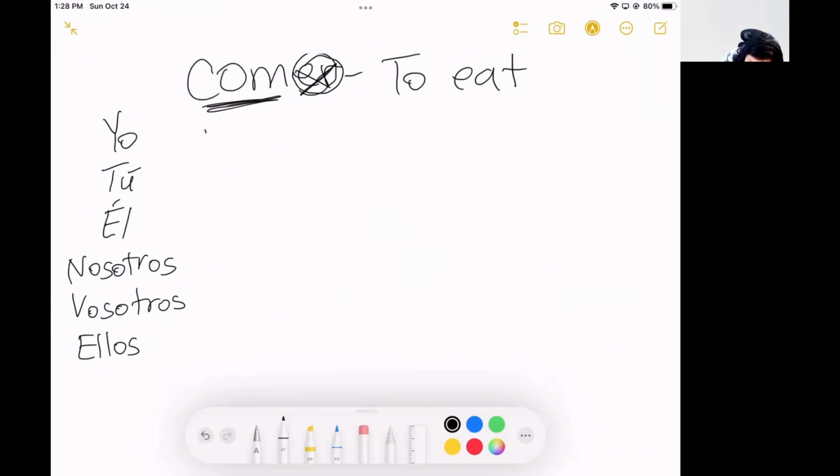Okay, we have o. So you have the root of the verb, and then you have your first ending, which is o. I'll underline where you emphasize the word. It's going to be como, I eat. Como pizza, I eat pizza. Tú, what's the second one? It's es, right?